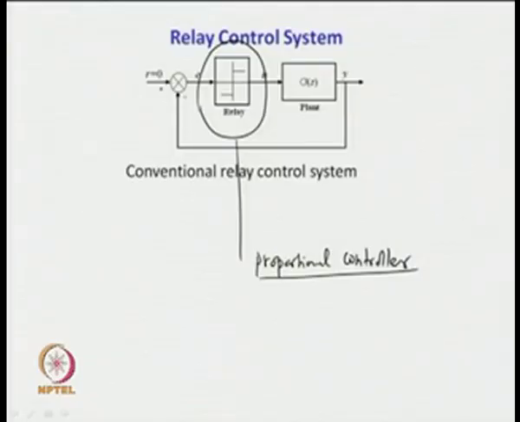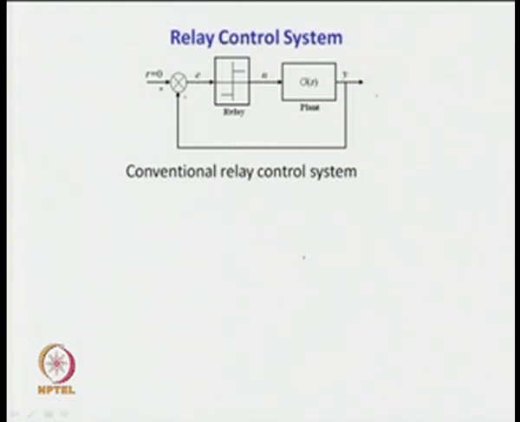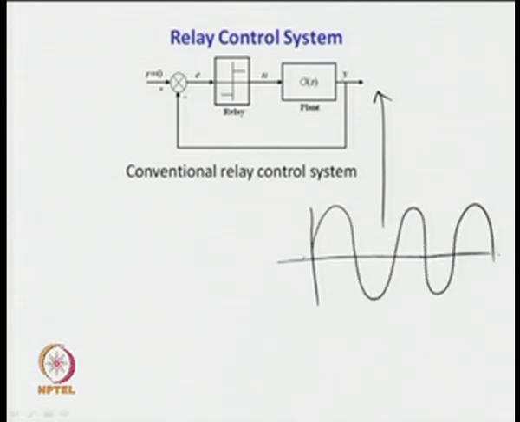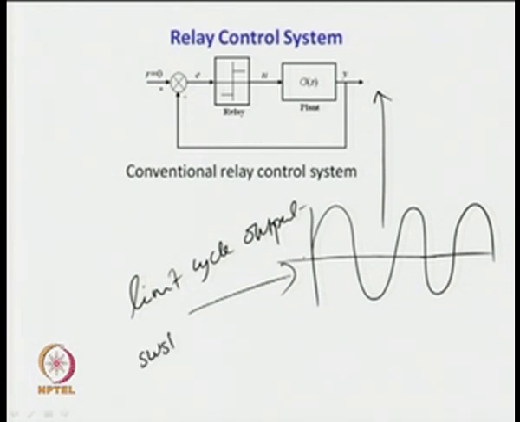out. So, when a proportional controller is replaced by a symmetrical relay, then it is found that the output of the plant becomes oscillatory. We get some limit cycle output from this arrangement, which is known as the sustained oscillatory output.